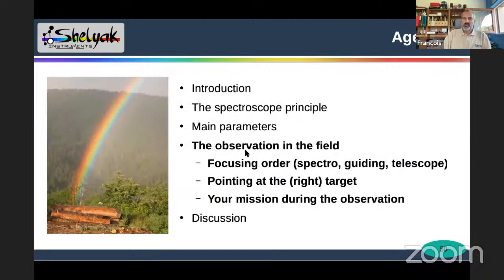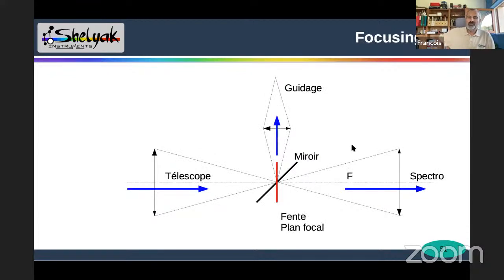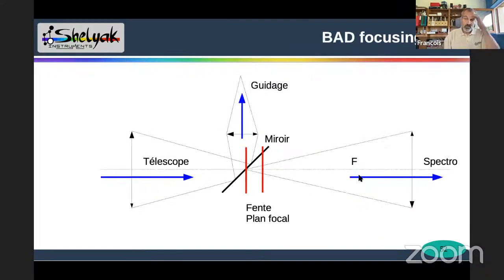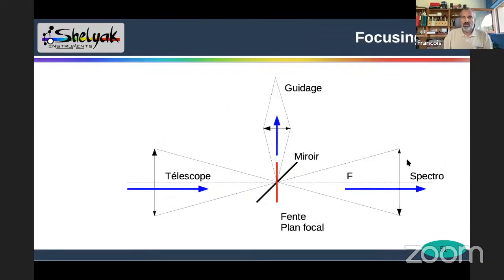And so I covered these main parameters, and now a few recommendations to finish about the observation in the field that are very important when you are observing for real. The first is the focusing order. If you have understood the schematics, we have the telescope, which I can consider as a simple lens. You have the spectroscope.